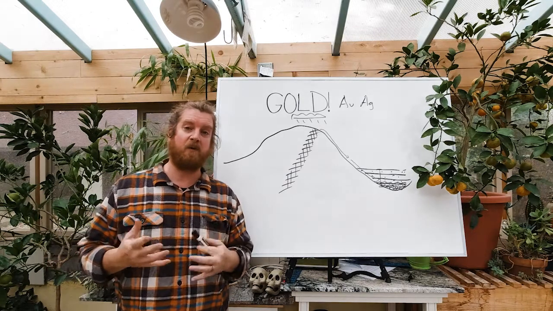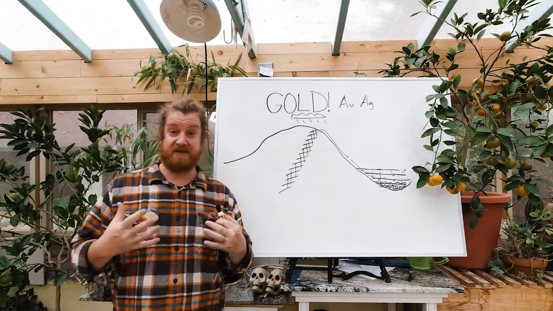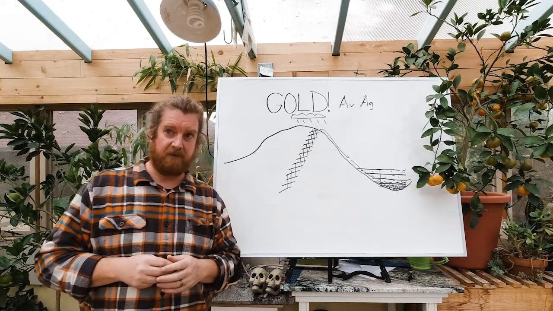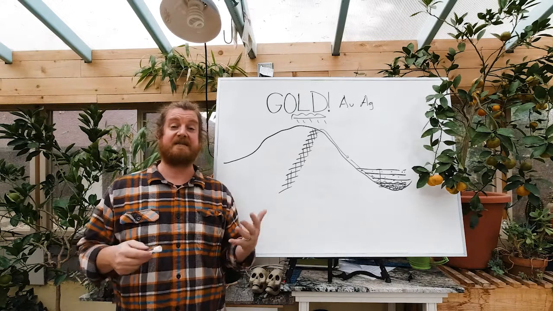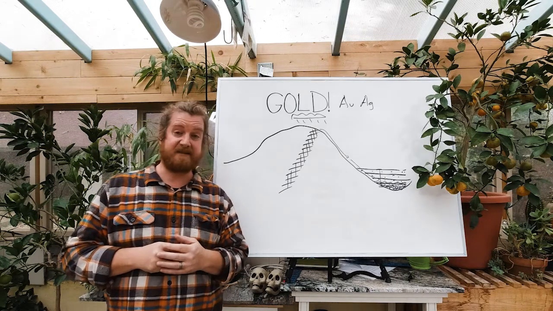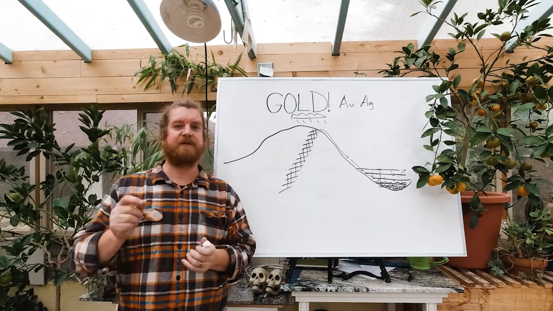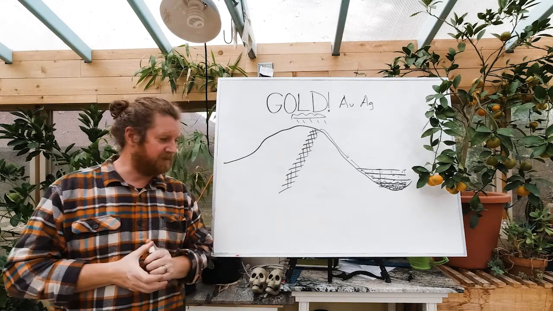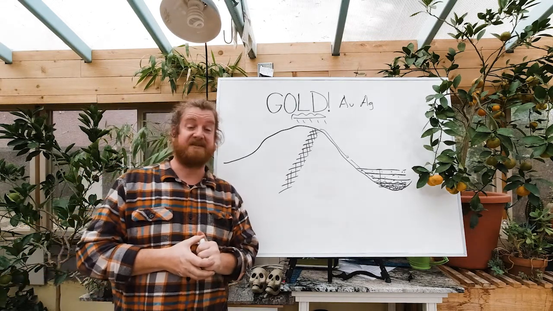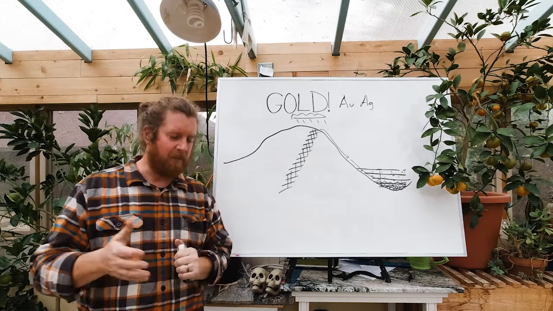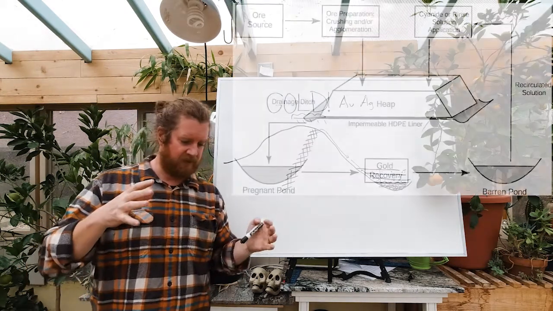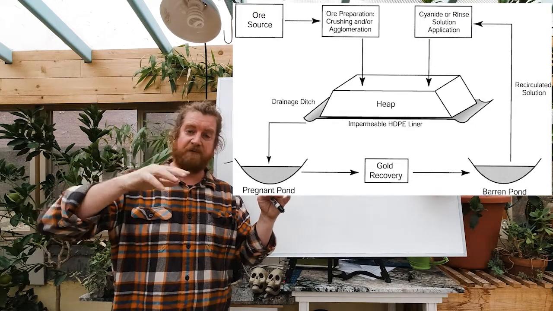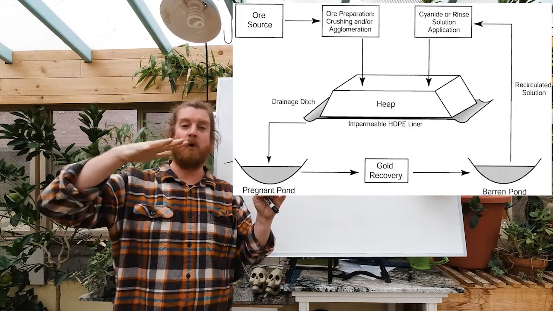So a very common way to do this is to dissolve the gold. I mentioned earlier that gold is notoriously resistant to acids, although there are some acids that will dissolve gold. Particularly, we use cyanide, alkaline cyanide, and that cyanide will dissolve preferentially gold.